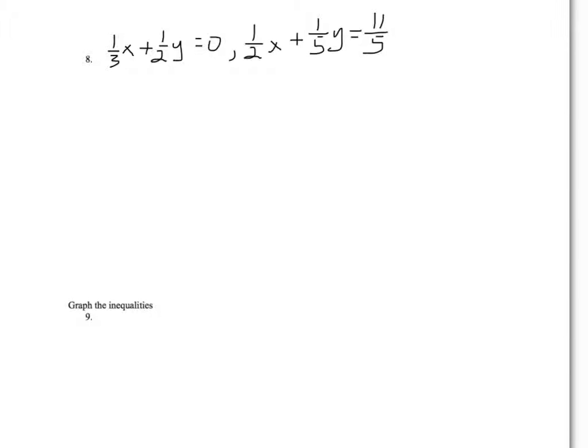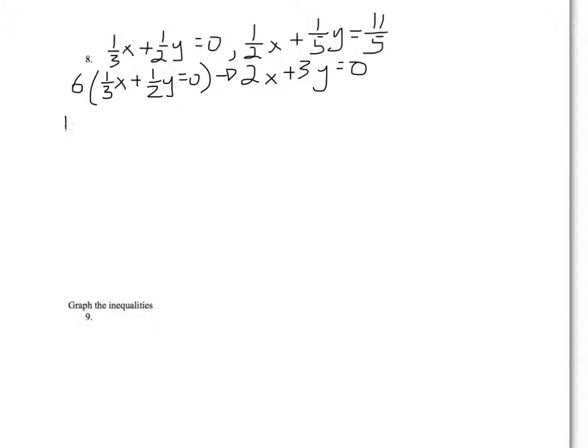For this pair of equations, I'm going to get rid of the fractions right from the start. So I'm going to multiply this equation on the left by 6, because 6 is the least common multiple of 2 and 3. Alright, and that's going to get me 2x plus 3y equals 0.